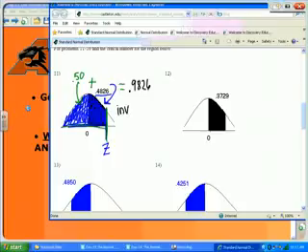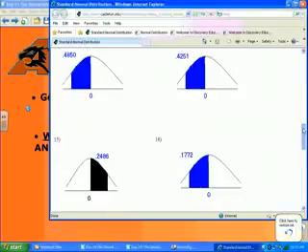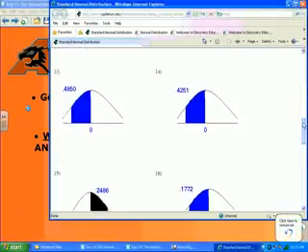Therefore, I want to find the z-score for an area of 0.9826, and that would give me the z value all the way up to here. That's kind of the key to these: you have to keep in mind that the mean gives you an area of 50%, or half.